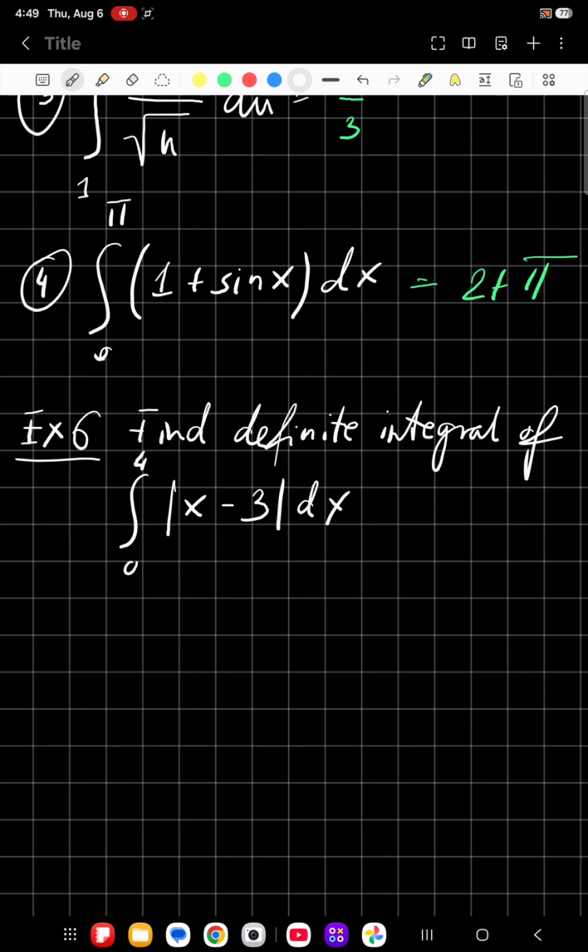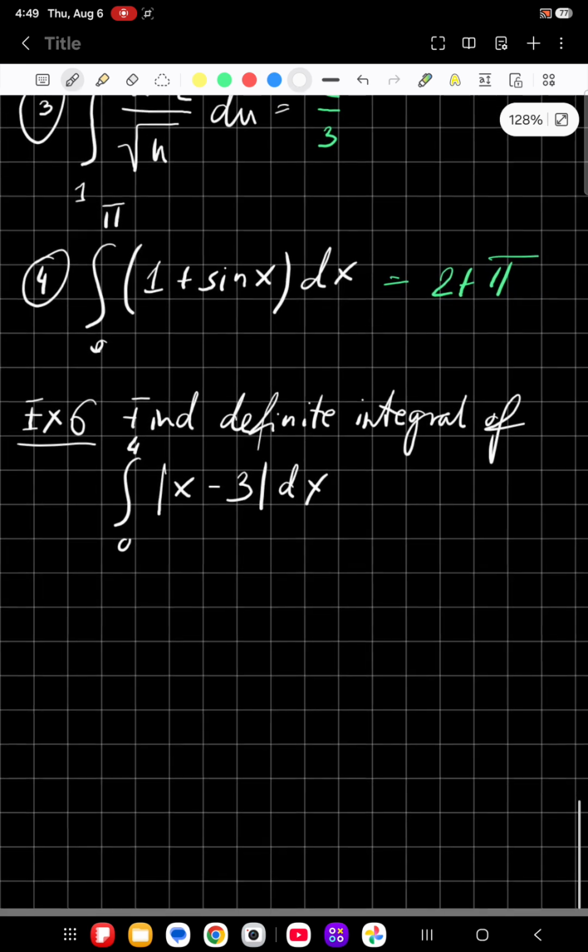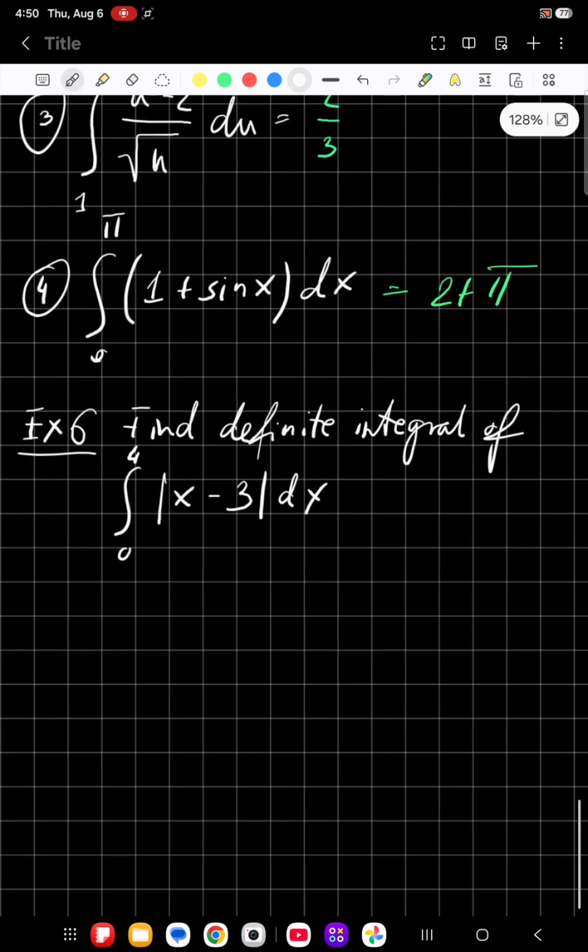There are a couple of ways to do it. We could rewrite this function. What is the easiest way? Let me show you solving this based on the definition. If I have the definition of absolute value, it looks like this.